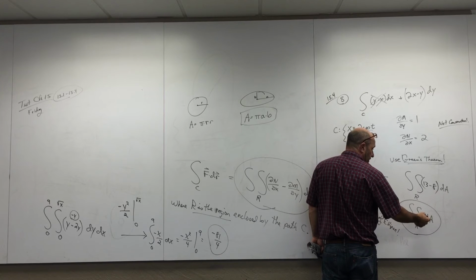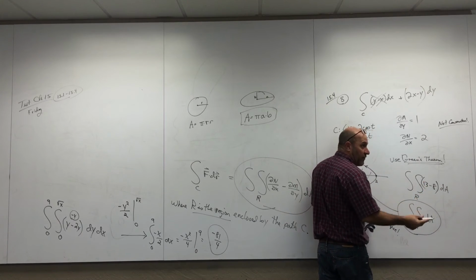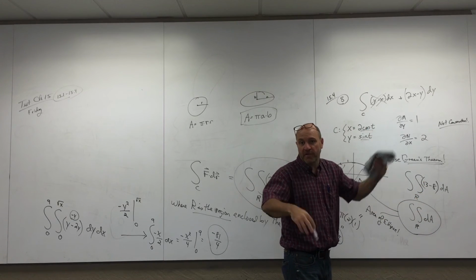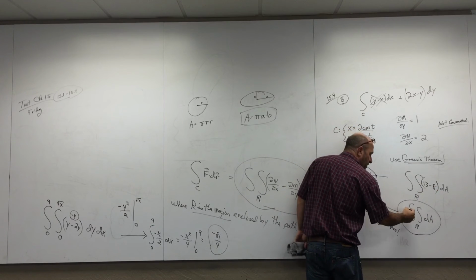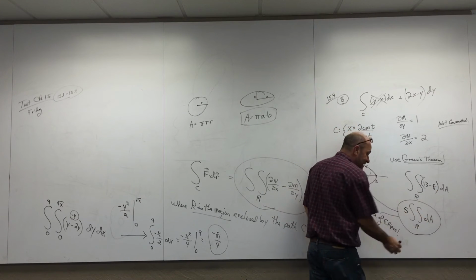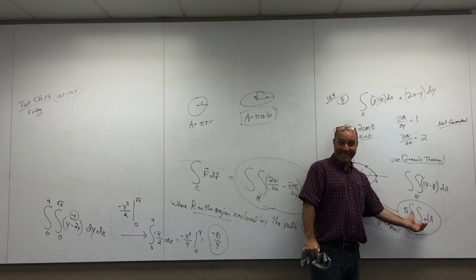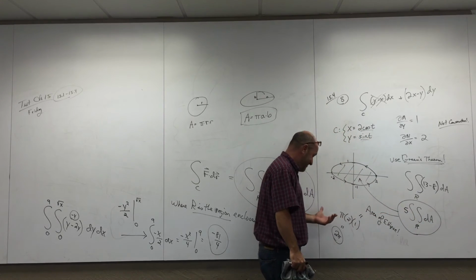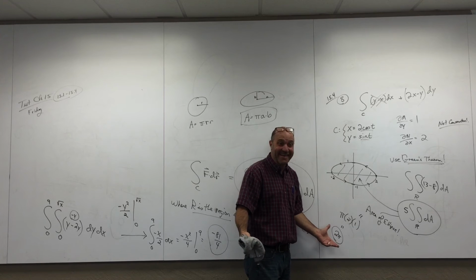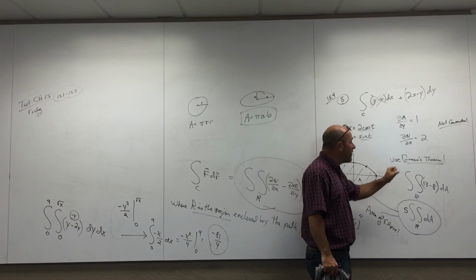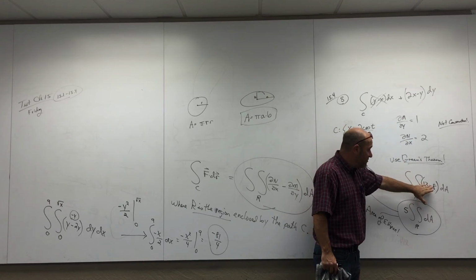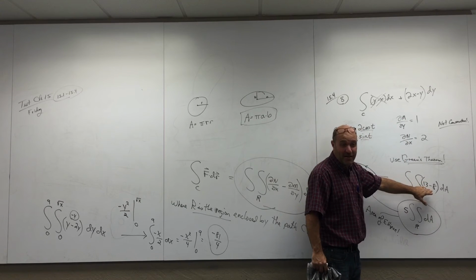Would it be area? Well, no, not really. It'd be the volume underneath something that has a height of 5. But if it's a 5 and you just pull it out front, then it's 5 times area. And so now it's 10 pi. So if it's a constant that you could pull out, fine. It's those variables that make you have to integrate it.